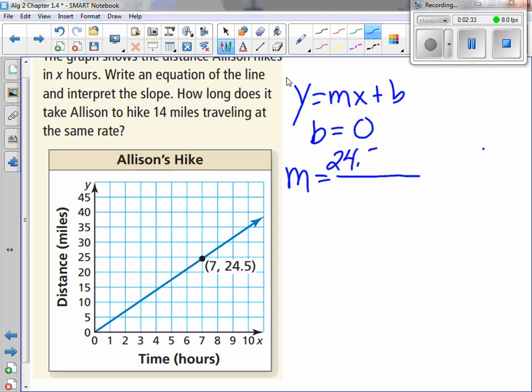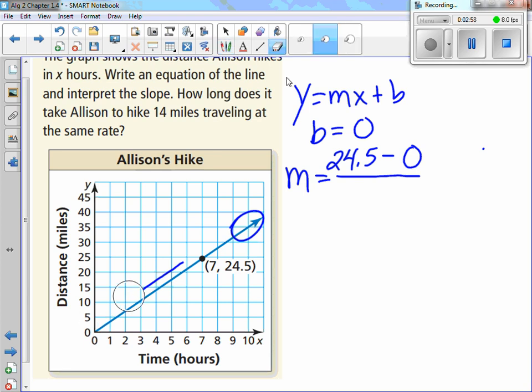What's our other y value? Because that's the only true point we have. When I look at the line, as I'm going along it, I don't see any spots that match up at that nice cross point. Even 7, 24.5 never really crosses up there. The next one that might cross up nicely is up here. But since I have 0, 0, I'm going to use that.